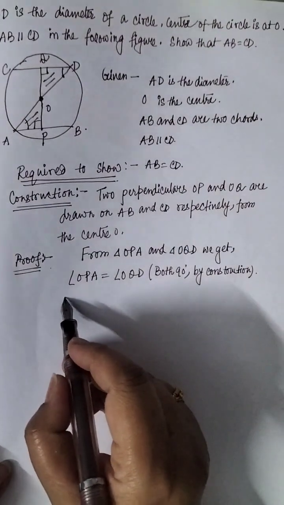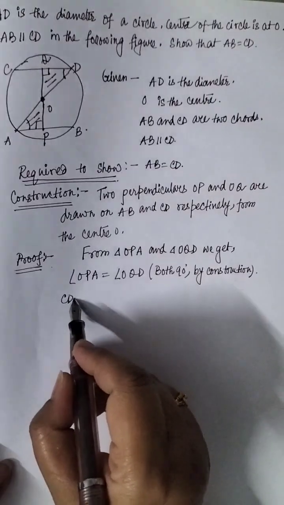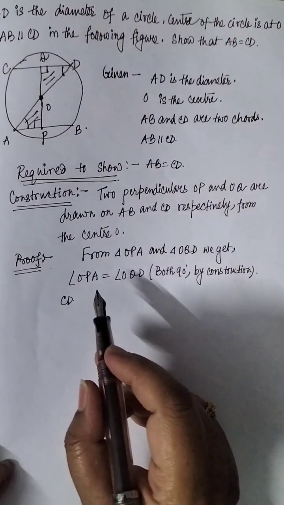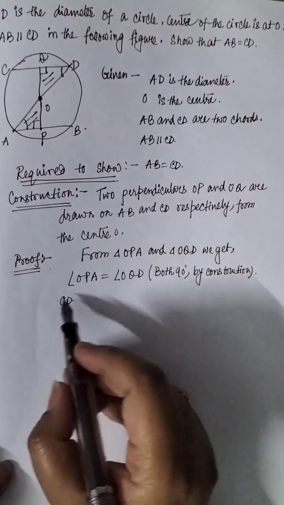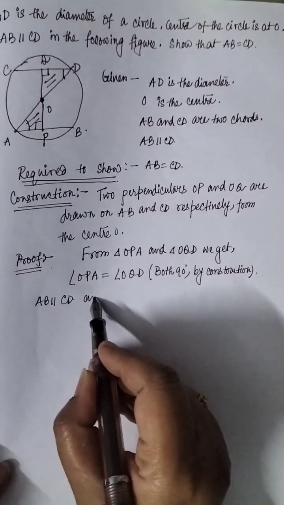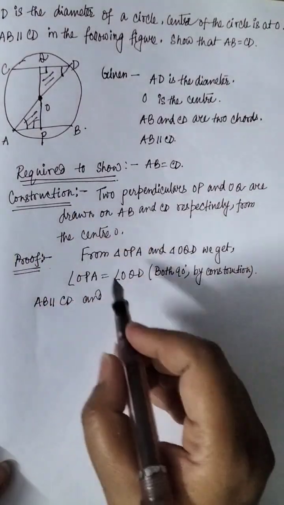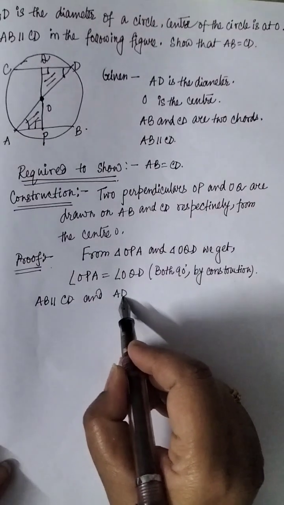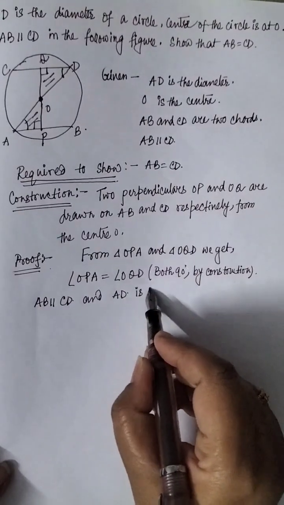Secondly, AB parallel to CD and AD is the transversal.